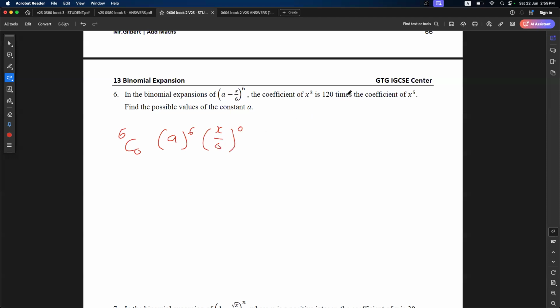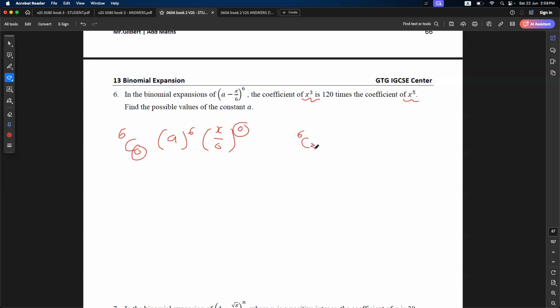In this case we're looking for x power of 3 and x power of 5. This number is directly correlated with this number. So what combination is the x power of 3?